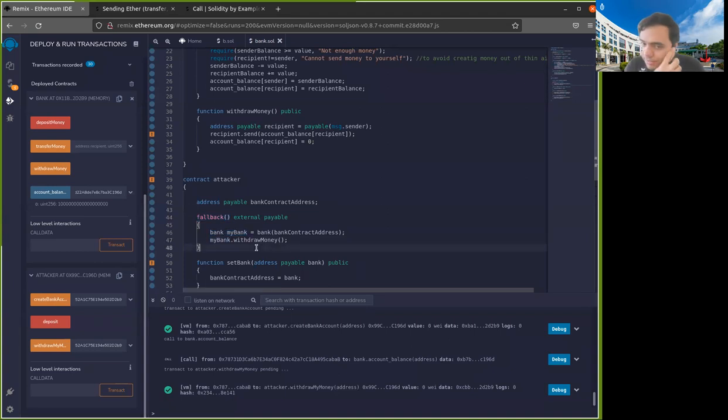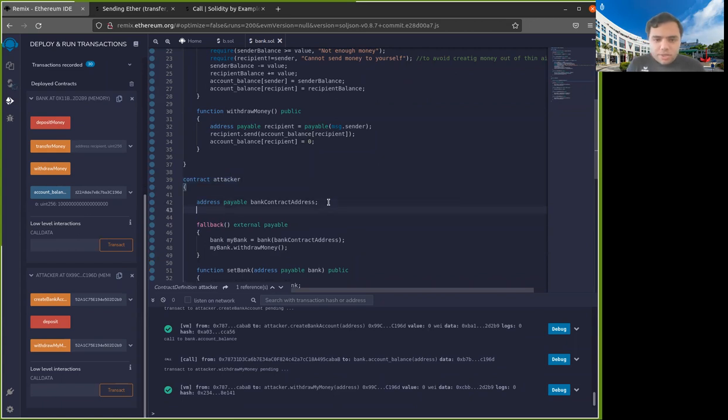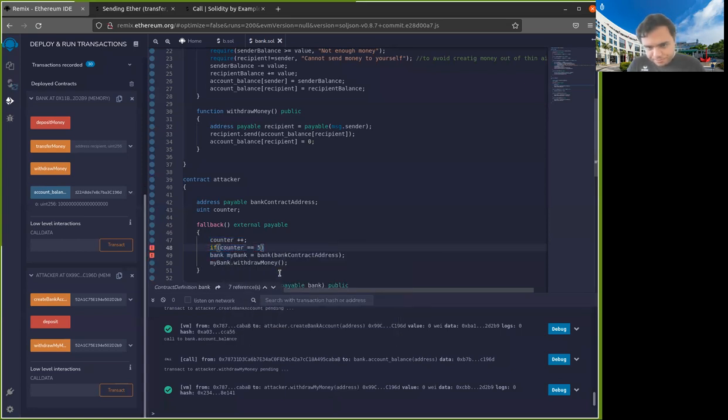Of course, this is not a successful attack if it goes on forever, but instead I can just make sure that it goes on for maybe twice or 3 times or any number of times that I want. So I can just have a counter here, which tells me how many times I have tried to withdraw money. I can just increase this counter, and if the counter is, for example, less than 5, do this, otherwise don't do it.